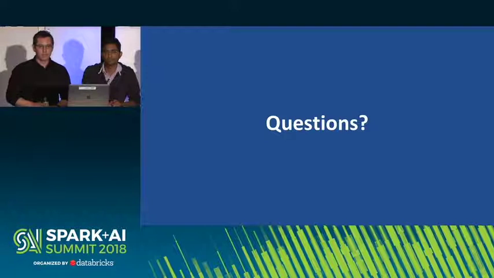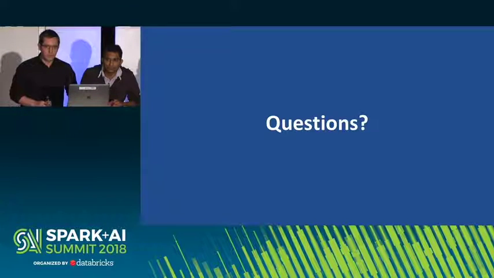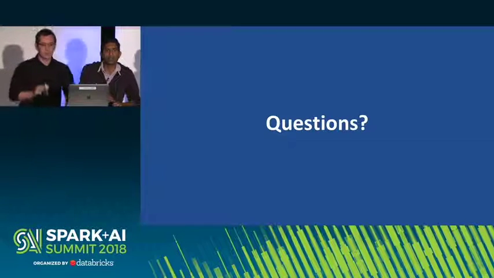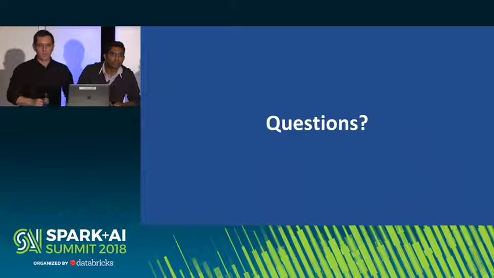My question is, usually you specify the executors and memory during Spark submit, right? With this auto-tuning prediction, do you do it when the resource manager is asking for the request? You don't have to specify during the Spark submit? So your question is, do we need to specify those parameters for the job in Spark submit, or do we do it from the driver when asking the resource manager?